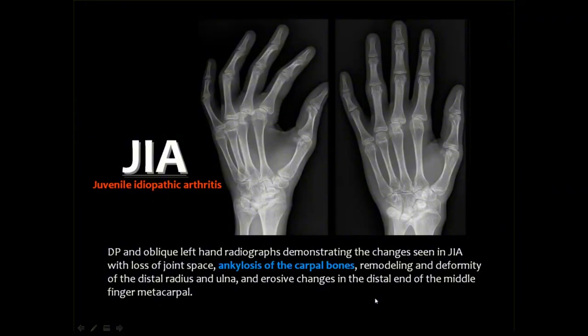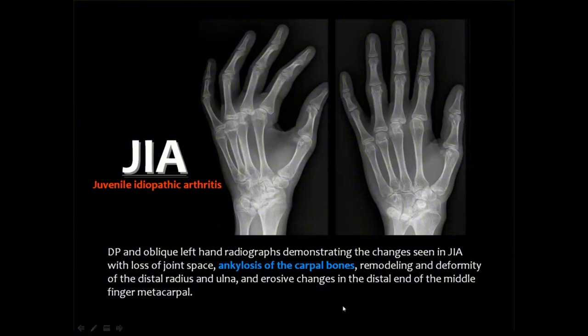And this is an example of juvenile idiopathic arthritis affecting the wrist joint with some destruction of the carpal bones, and you may see some bony ankylosis of the intercarpal joints.